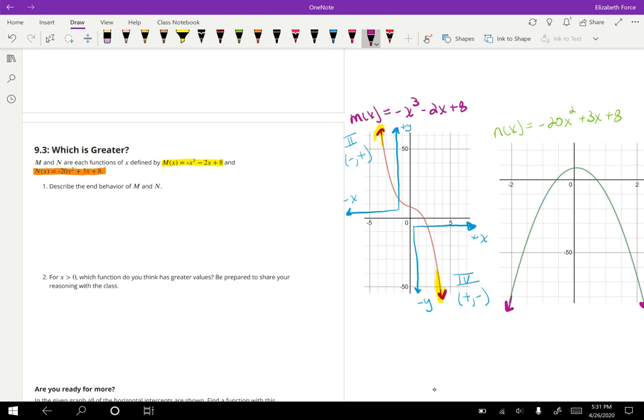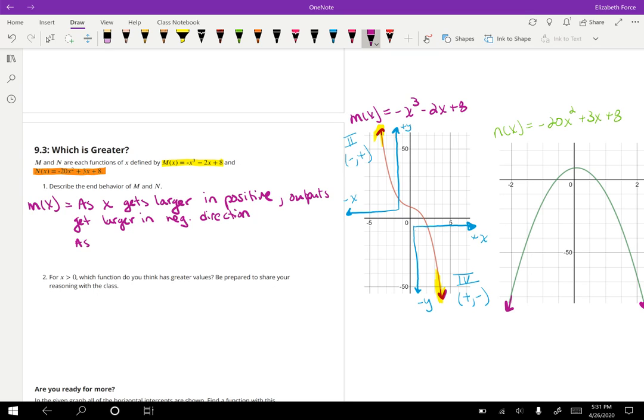So for function m, so m of x, we are going to say that as x gets larger in the positive, the outputs get larger in the negative direction. And then, of course, we're going to have to flip that for the other part of the end.